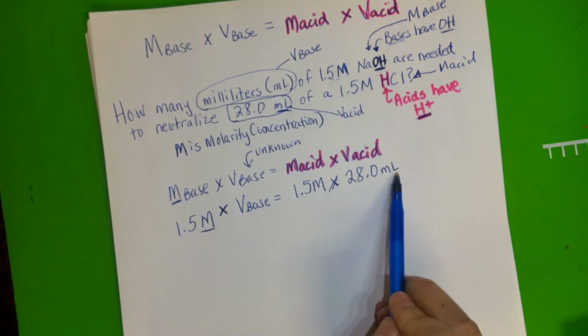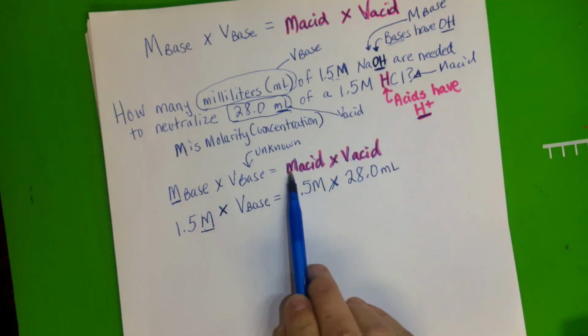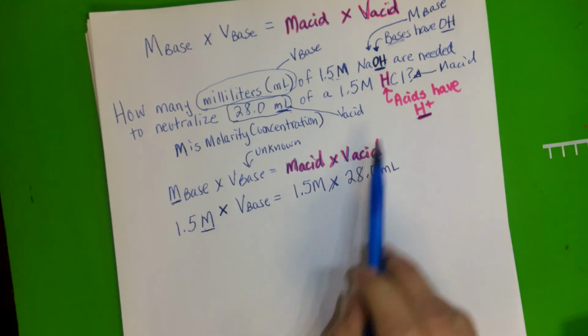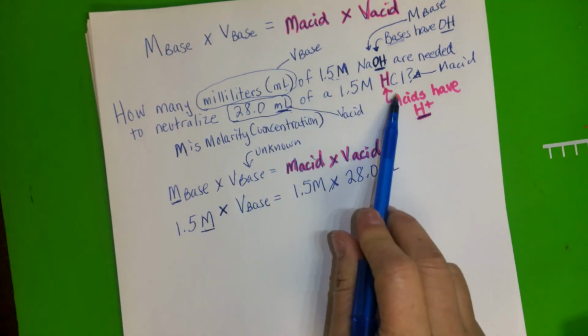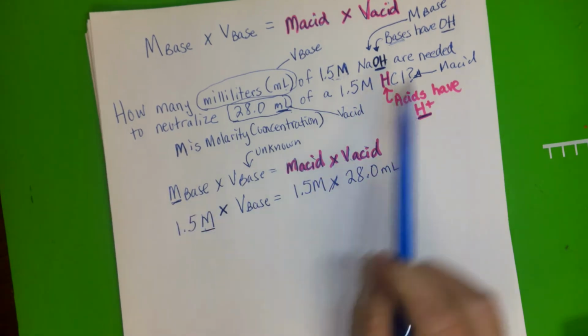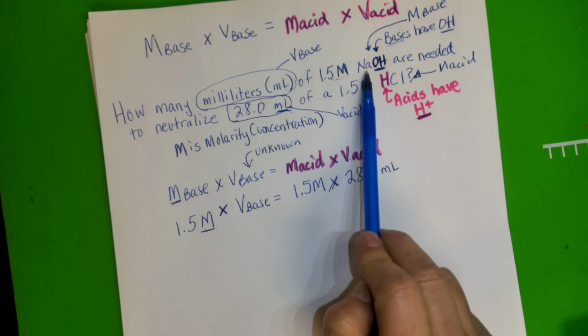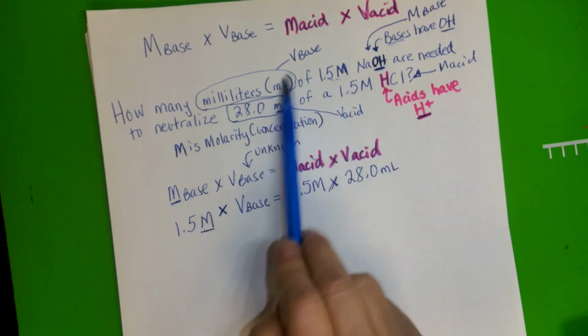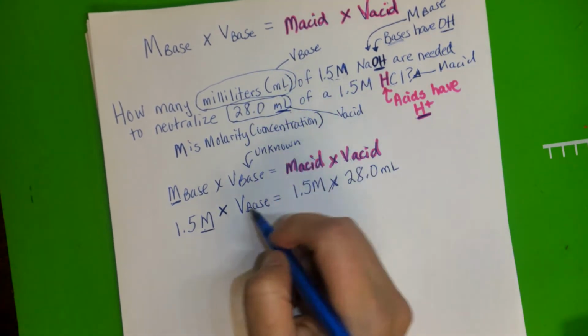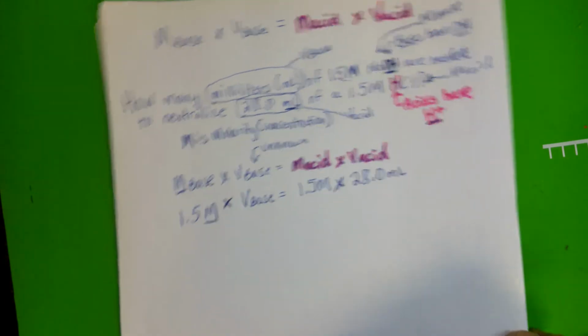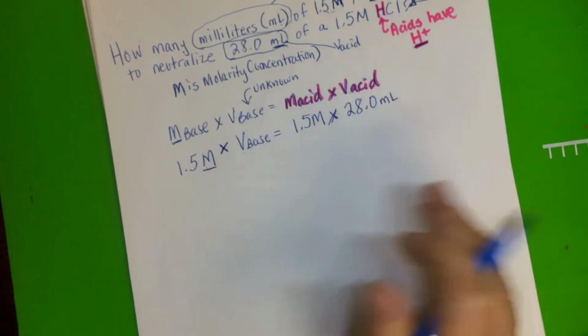You can tell: milliliters, volume, molarity, and they both come from the acid. The molarity of the base, this is your base because it has an OH, so that's 1.5, and that's the one we don't know, so that's your unknown. We always keep that as a letter or symbol.